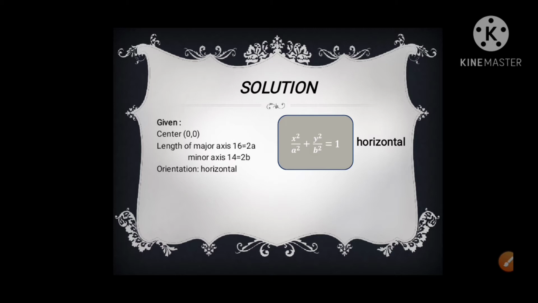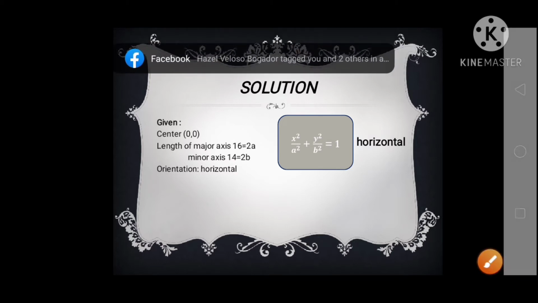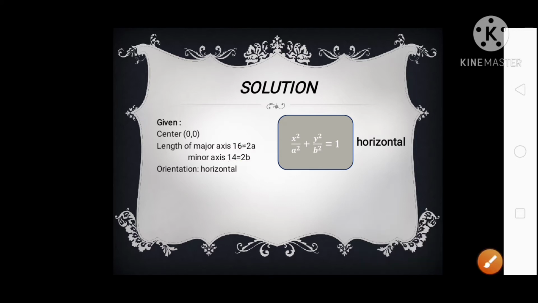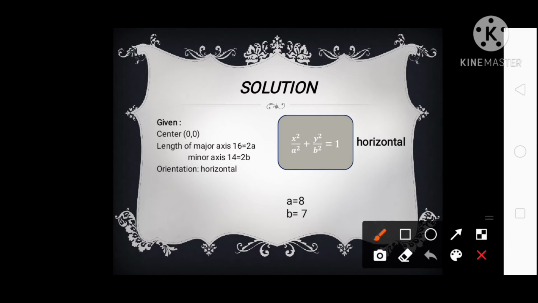To get our a and b, we may use the multiplicative inverse. So, 16 is equal to 2a, our a now is equal to 8. Then, 14 is equal to 2b, our b now is 7. So, here are now our a and b.